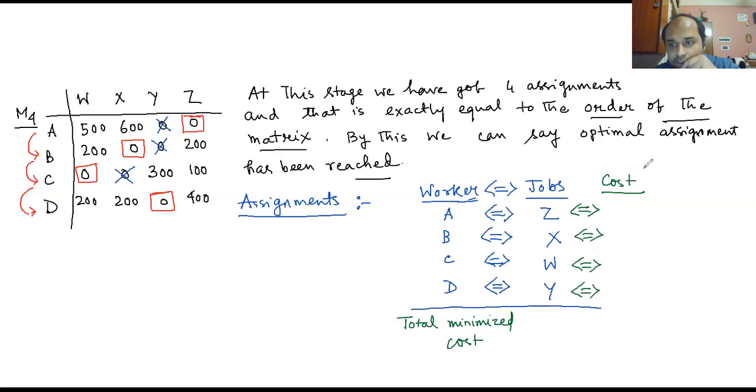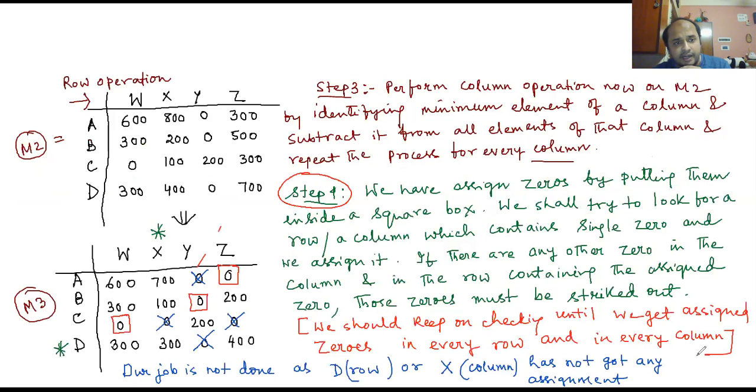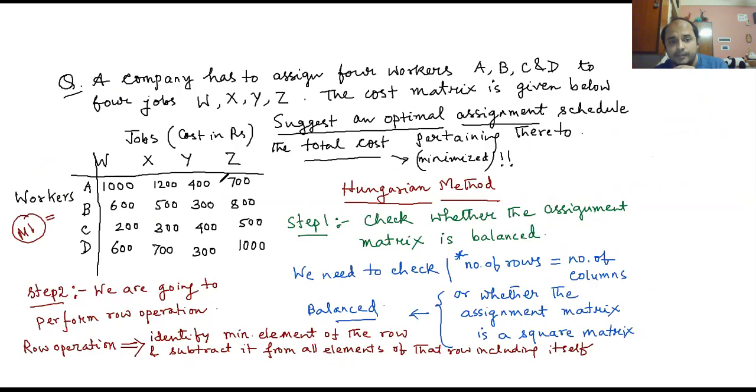Costs in rupees. I am going to take reference from the very first matrix which is given in the problem. I am going to take the costs from this matrix and not the other matrices from M2 to M5. My actual matrix is this one.